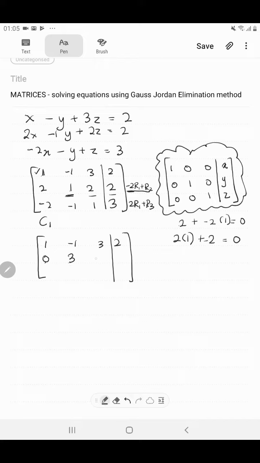The third element in the row, same process, negative 2 of R1, which is 3, so you get negative 6. Negative 6 plus 2 will become negative 4. The last element here, negative 2 times 2 plus 2 is negative 4 plus 2, which will be negative 2.